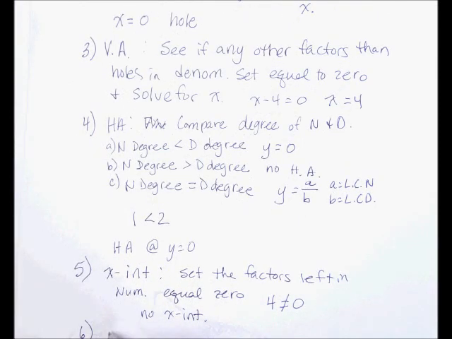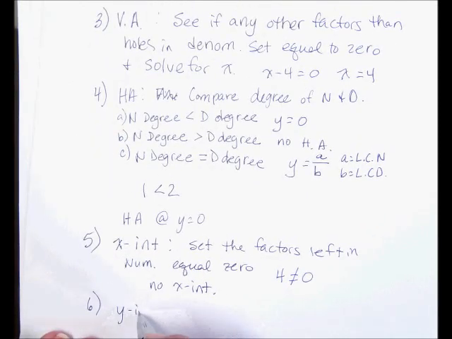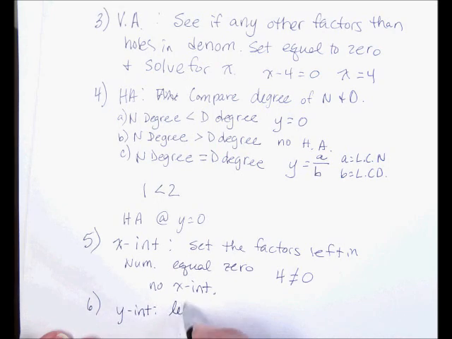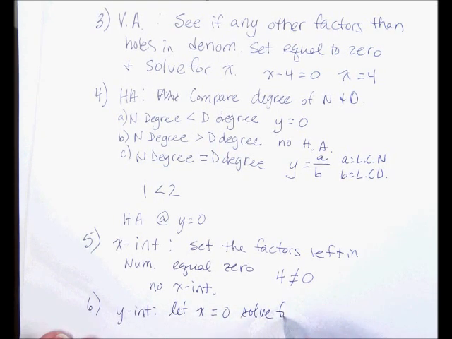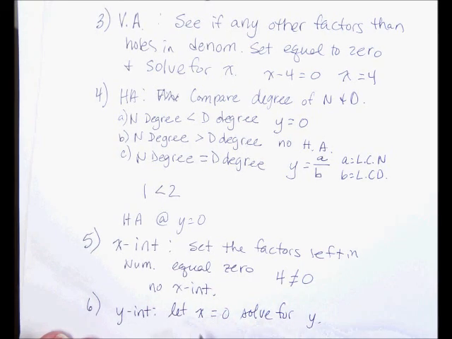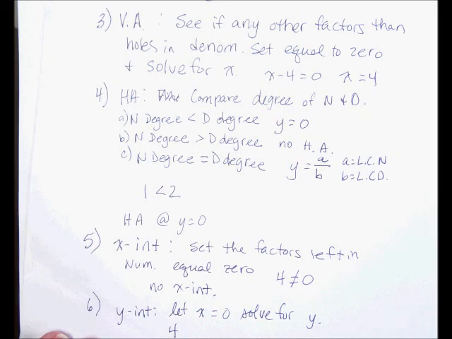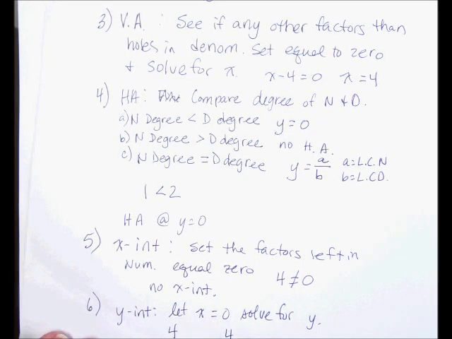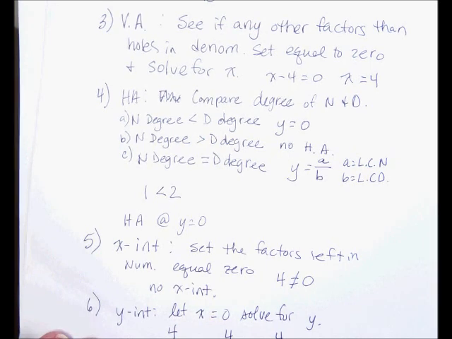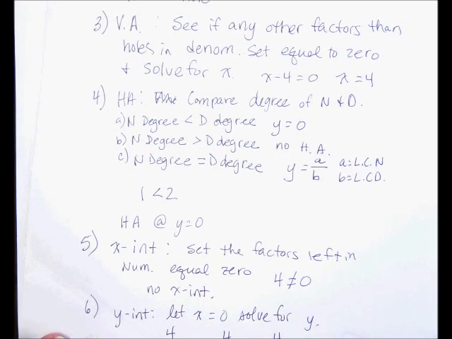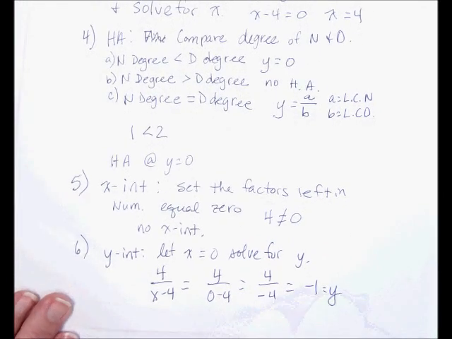And then the last one, 6, the y-intercepts: let x equal 0 and solve for y. With what I have left, 4 over x minus 4, I have 4 over 0 minus 4. So 4 divided by negative 4 is negative 1. So y equal to negative 1 is the y-intercept.